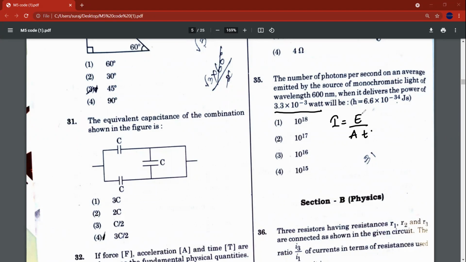E by T is given, energy by time is nothing but power. Power is given 3.3 into 10 power minus 3. Number of photons per second on average emitted by a source of light of wavelength.